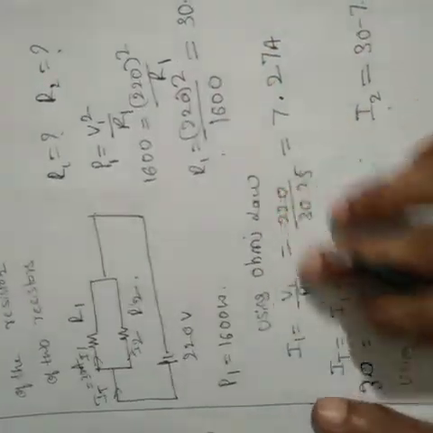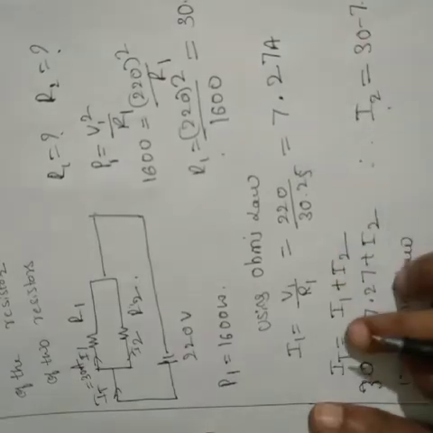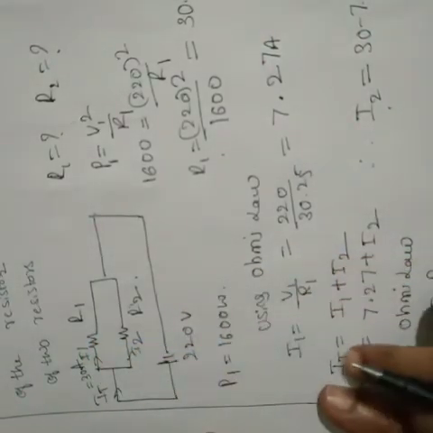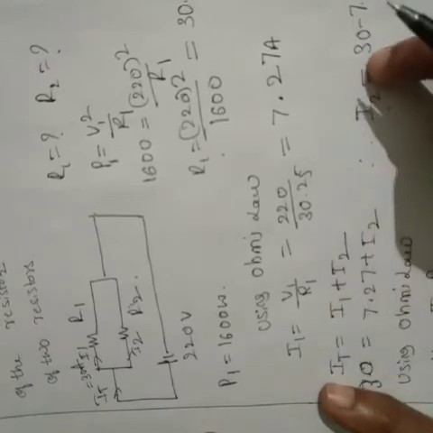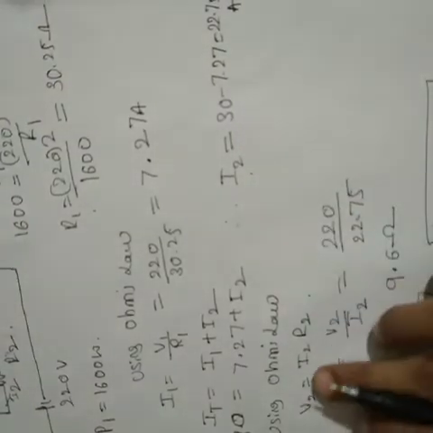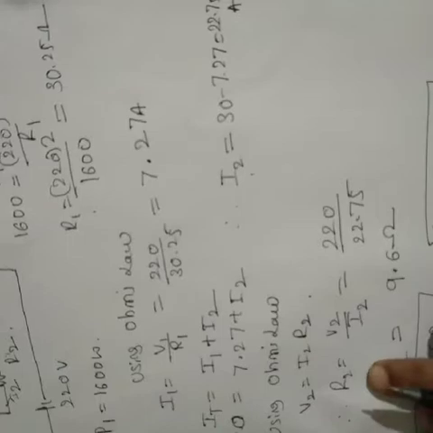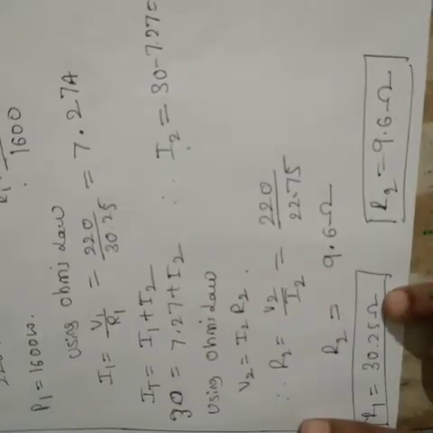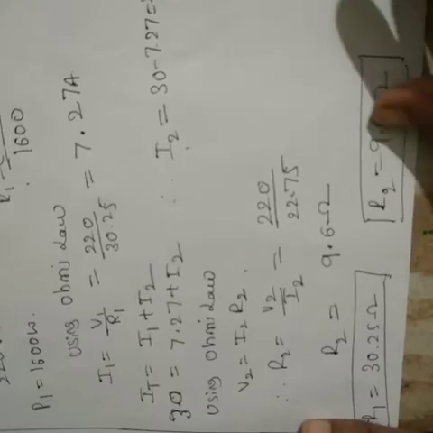Again using Ohm's law, you find I1. Therefore, total current is equal to I1 plus I2. Then you can use IT, put in I1, and find the I2 value. Again using Ohm's law, you can easily find the R2 value. Then R1 is 30.25 ohm, R2 is 9.6 ohm. This is the fourth problem.